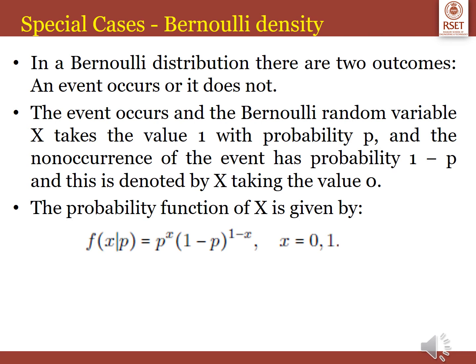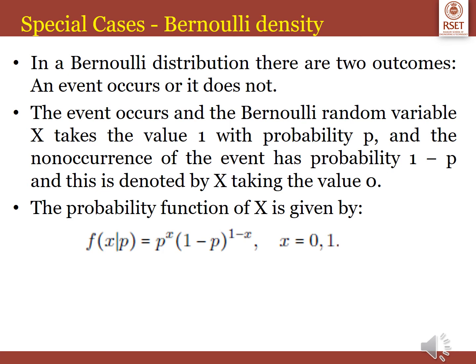Now we will see a special case of the MLE method, that is by using Bernoulli density. In a Bernoulli distribution, there are two outcomes. An event occurs or it does not occur. If the event occurs, then the Bernoulli random variable x takes the value 1 with a probability p.